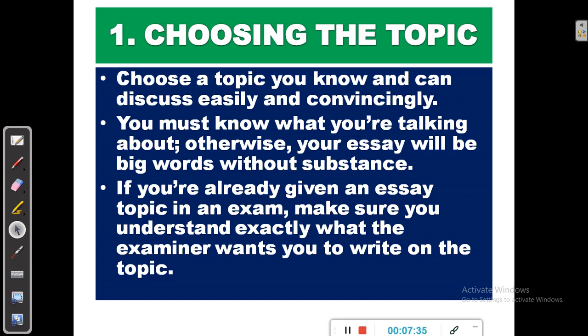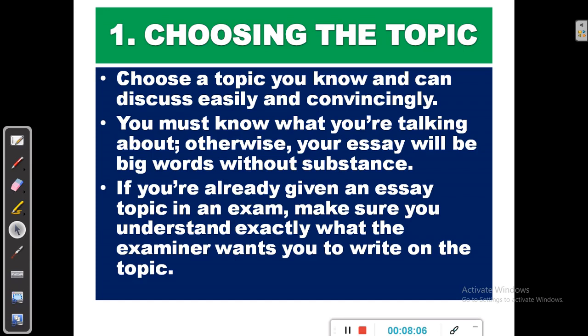It is better for you to choose a topic like how to prepare or how to cook a favorite dish, how to prepare a local dish. If you know how to do that very well and can discuss it easily and convincingly, you will win more marks writing such an essay than choosing a topic that is strange to you, that you don't know anything about.